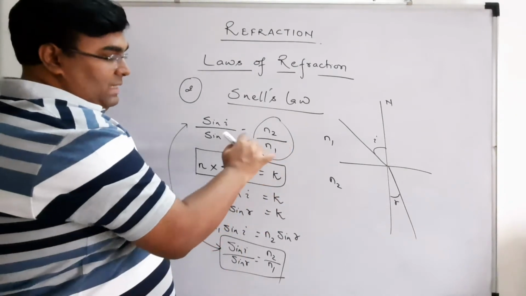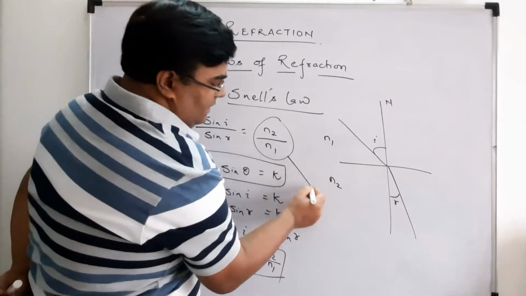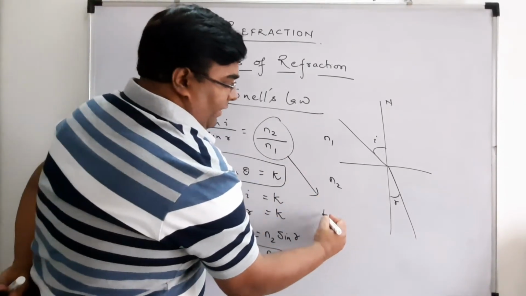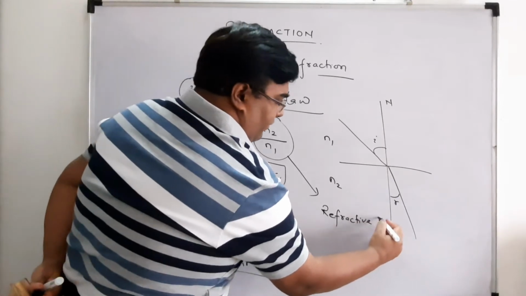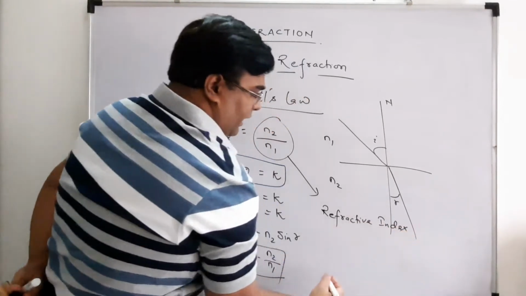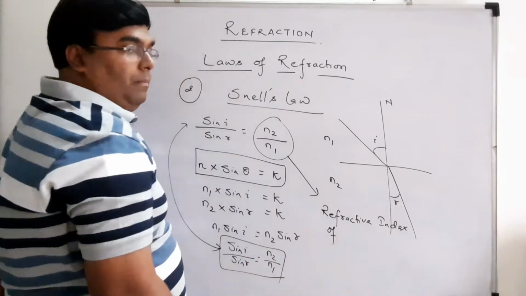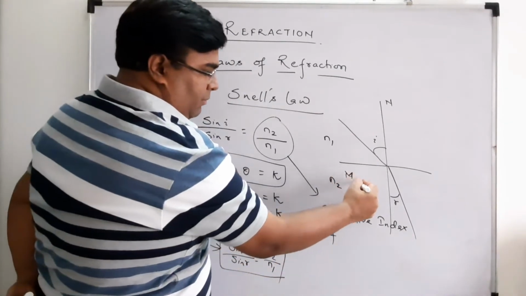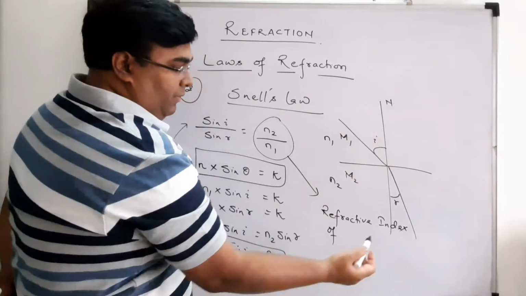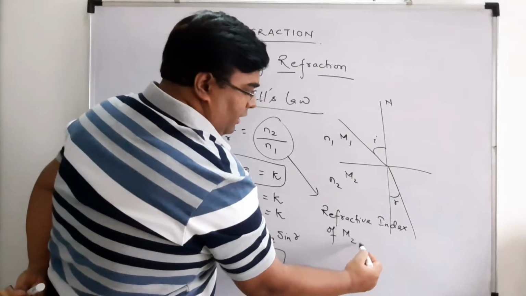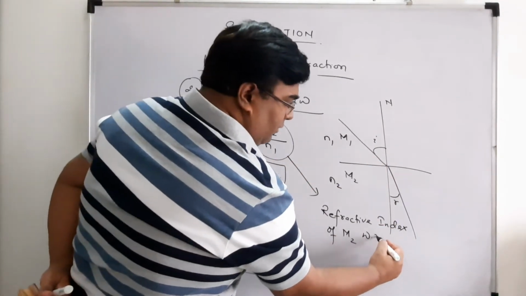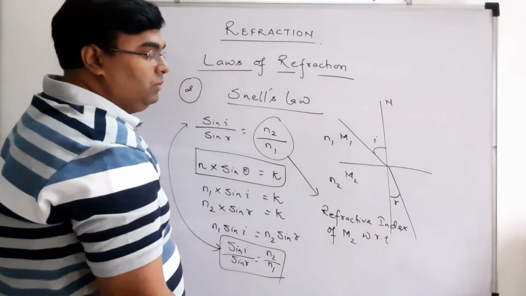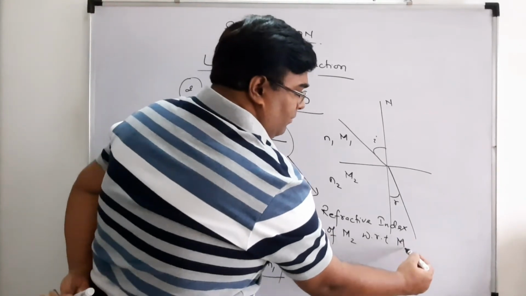So we can always say that this is the refractive index of medium M2 with respect to medium M1.